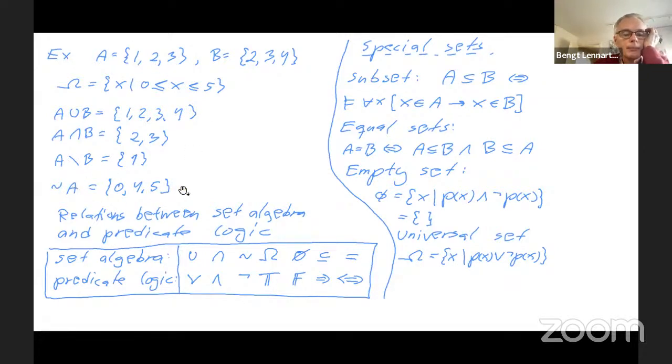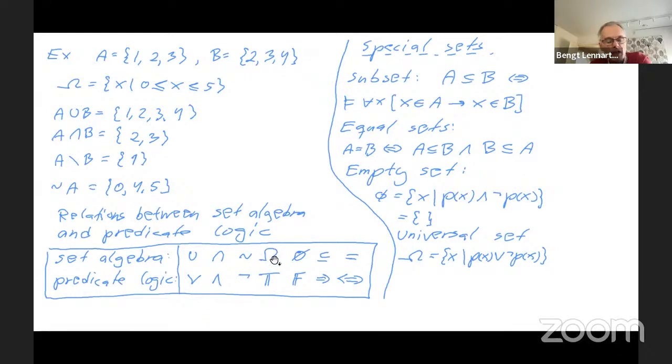So that's the complement. Now there is an interesting relation between set algebra and predicate logic, in the sense that set algebra, which includes union, intersection, and the complement, corresponds to the predicate logic's or, and, and negation.